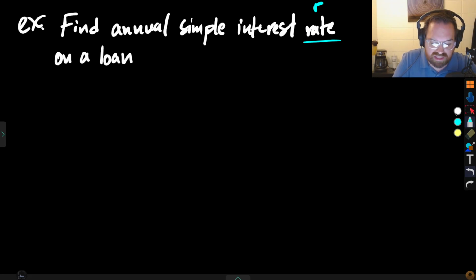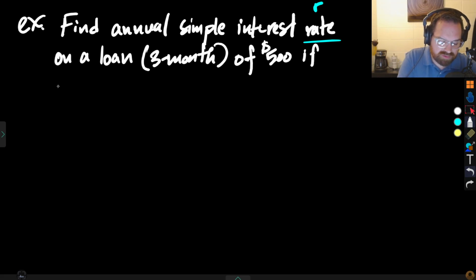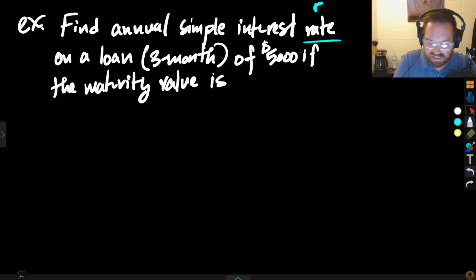So that's R. On a loan, which is a 3-month loan, this refers back to what I mentioned earlier. $5,000, if the maturity value, maturity value and future value mean the same thing, is $5,125.